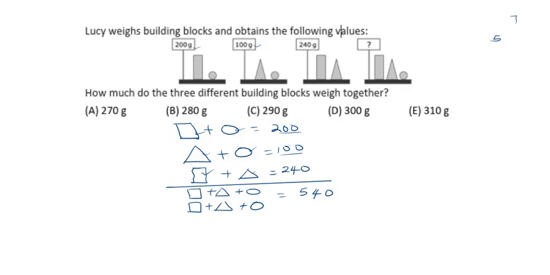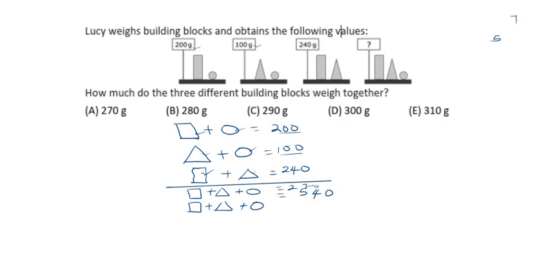This is triangle, rectangle, circle, and this is rectangle, triangle, circle. So if they want to share this 540, they share it equally. So the upper part we collect 270, and the lower part we collect 270, which is sharing equally.